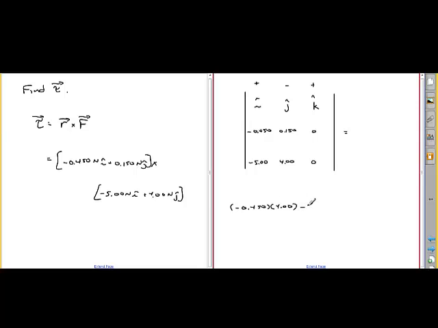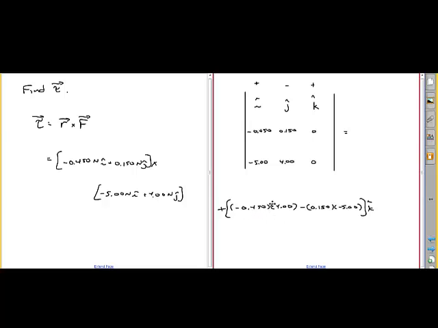And then we subtract this diagonal product, so it's going to be plus 0.15 times negative 5.0. And that whole thing is positive because it's also multiplied by the k vector, so it's going to be into the paper.